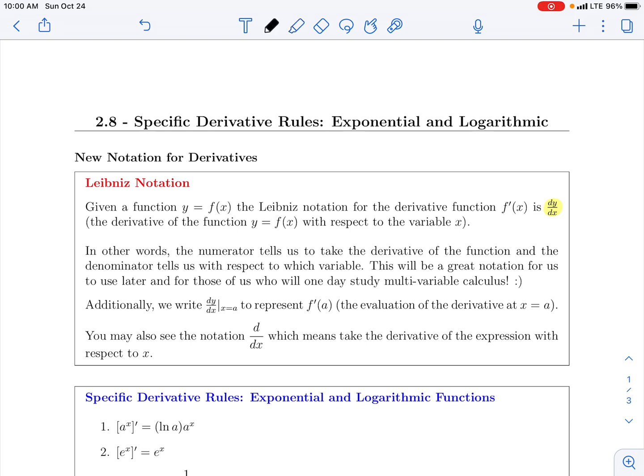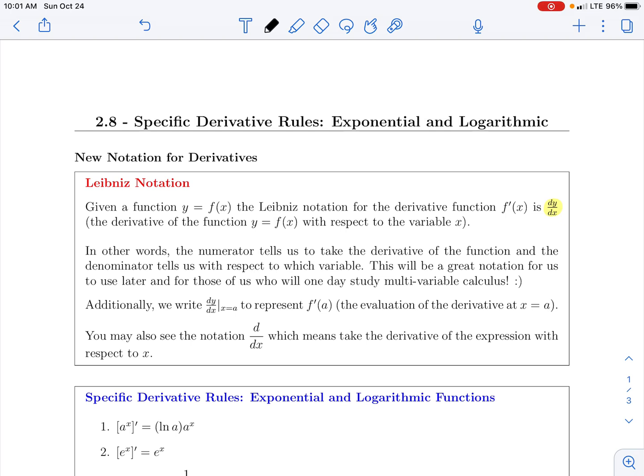What the dy dx means is the numerator is telling you to take the derivative of the function, in this case the y variable, and then the denominator tells you to take the derivative with respect to which variable. Our function was y equals a bunch of things in terms of x, that variable x. So that's why it's dy dx.